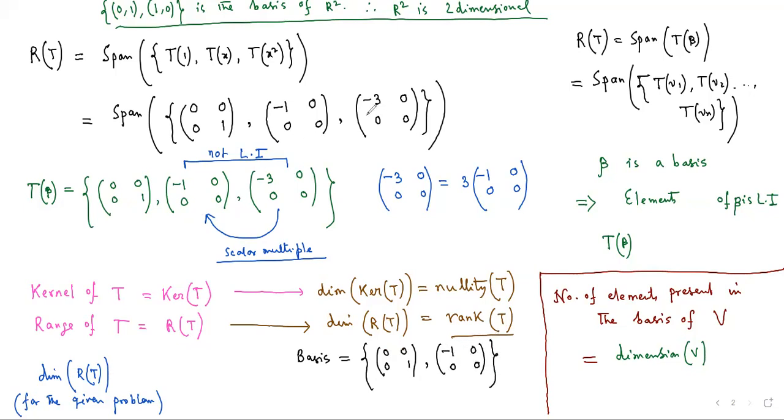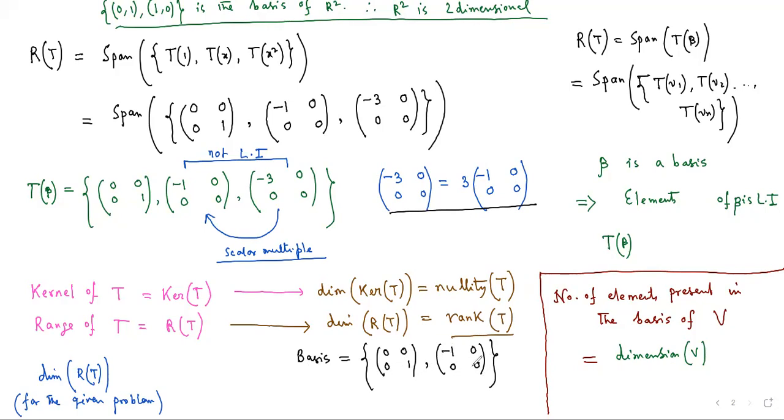Why? Because it doesn't matter whether we write (-3,0,0) or not, because (-3,0,0) can always be expressed as a scalar multiple of (-1,0,0). So the basis here is this one, because it will also span the members of the vector space, and these are linearly independent vectors.